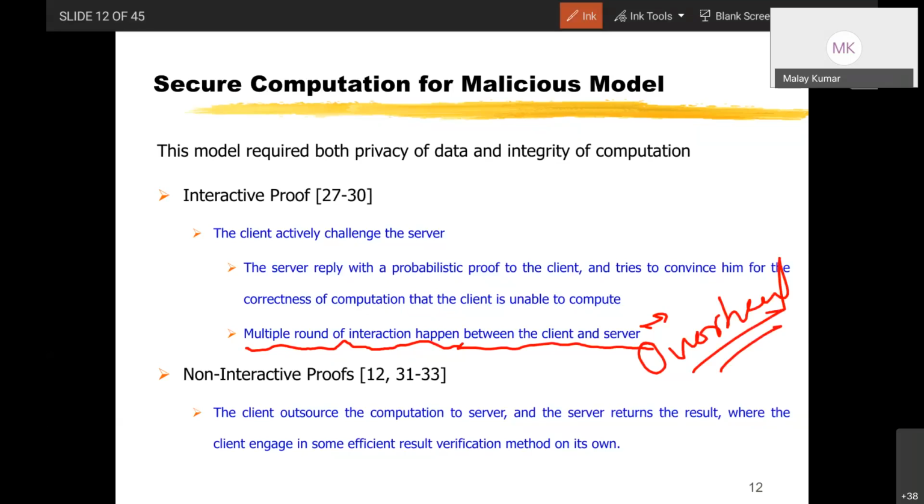So what non-interactive proofs say, as an improvement over interactive proofs, is that rather than performing multiple rounds of interaction, there should be a mechanism where the result returned by the cloud server also attaches enough proofs so that the client is able to verify the result efficiently. So these are mainly the two methods through which a cloud server proves the authenticity of the result.